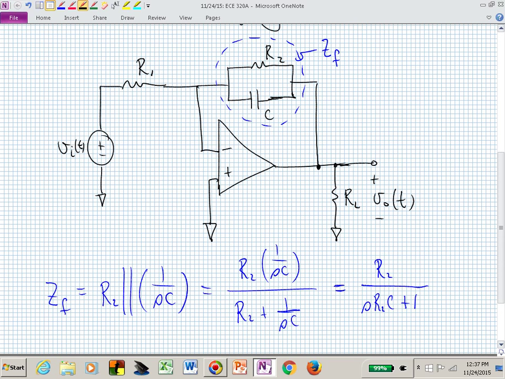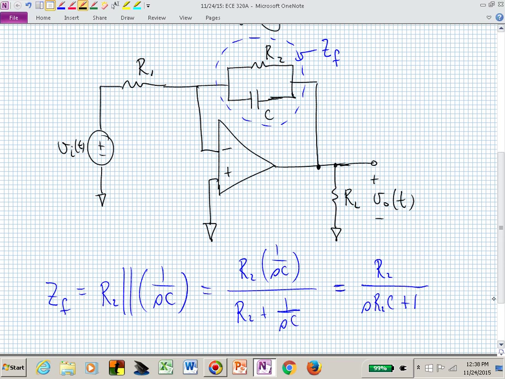And they were looking at the ratio of v sub 0 of t over v sub I of t. And that's not the way we want to think. If I say transfer function, we're immediately in the frequency domain, and now we're thinking about capital V sub 0 of S and capital V sub I of S, even if I ask about the transfer function between point A and point B. I hope that becomes clear by the final.